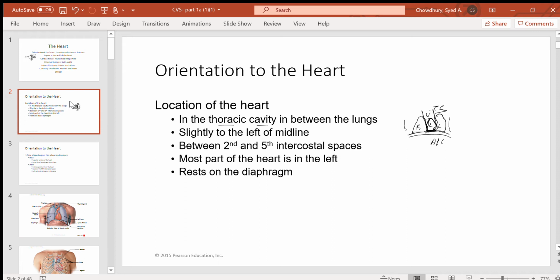And now if I see the midline, I'll see that the most part, about 2/3 part of your heart is located in the left side, and only 1/3 is located in the right side.